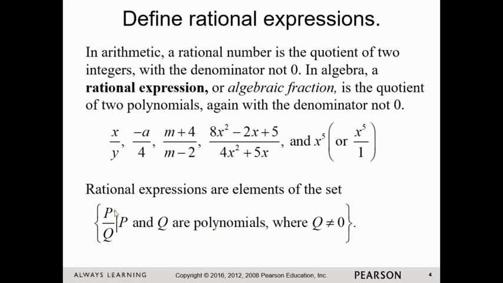But notice that we have two polynomials, p over q. P and q are polynomials, and q cannot equal zero. That's a very important thing to remember about rational expressions: the polynomial in the denominator cannot equal zero. Otherwise, we would have division by zero, which is undefined.